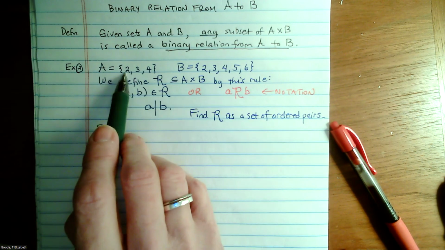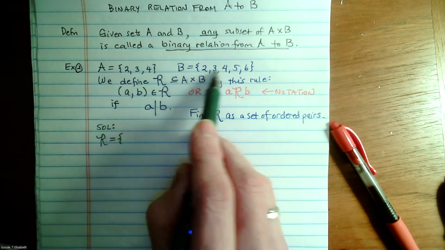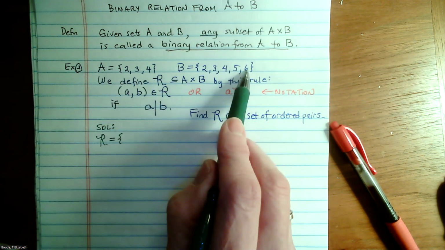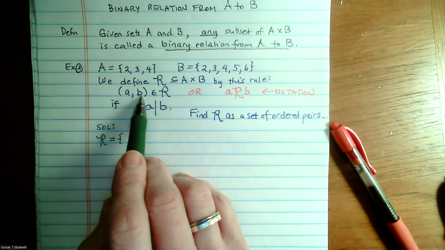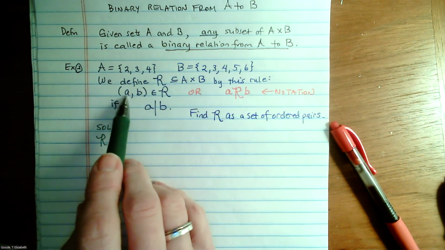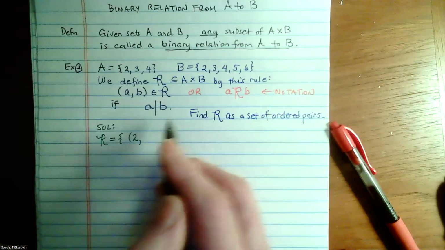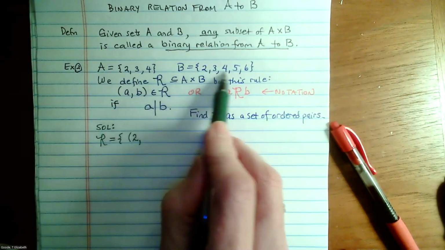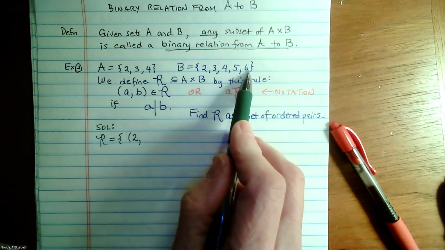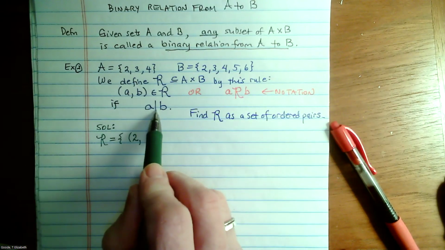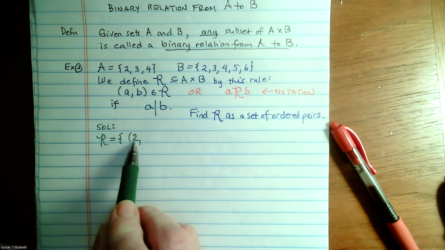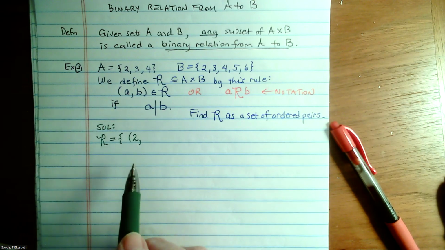And we're going to ask, which of these elements of set B can serve as a second coordinate when the first coordinate is little a equals 2? In other words, for which of these elements of set B does a divide b when a is 2?